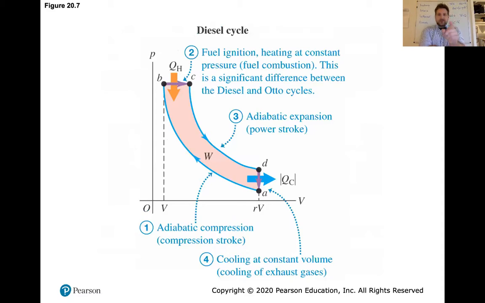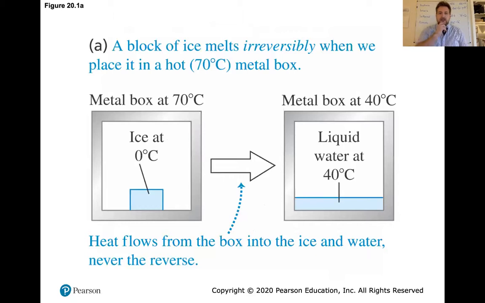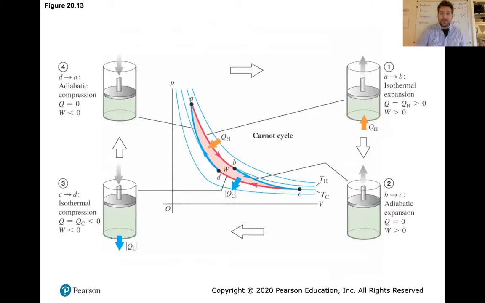But the other processes need to be isothermal, and that's the piece we need. And that's the piece that Sadi Carnot, a French engineer, realized. And he proposed the Carnot cycle, made of adiabatic expansions and compressions and isothermal expansions and compressions.